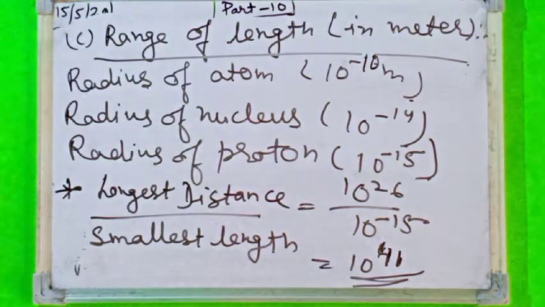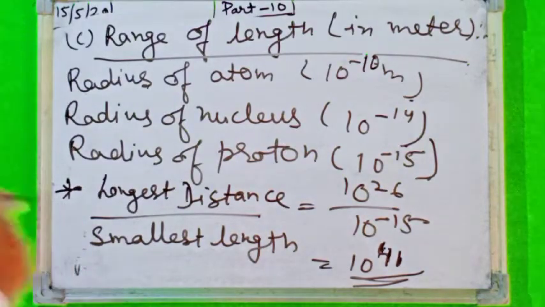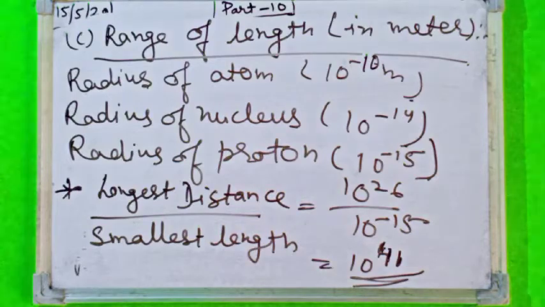So 10 to the power 41 is the ratio of longest distance to the smallest distance, and you can see that whatever ranges we have discussed, the human height is in the middle of these ranges. So today this is all about measuring length, larger length, smaller length, direct methods and indirect methods, all things we discussed today.